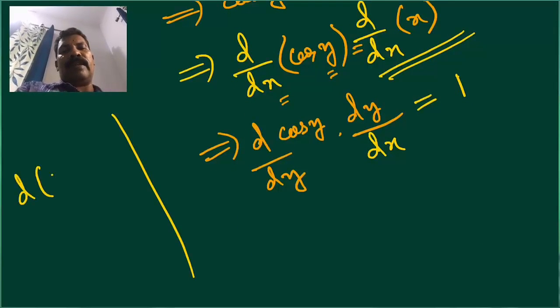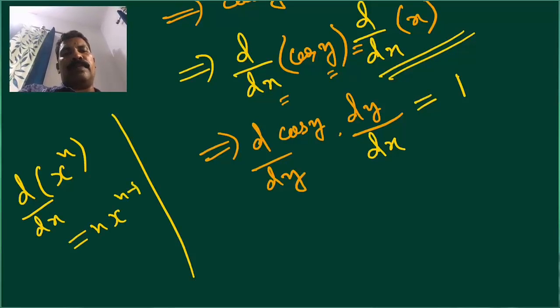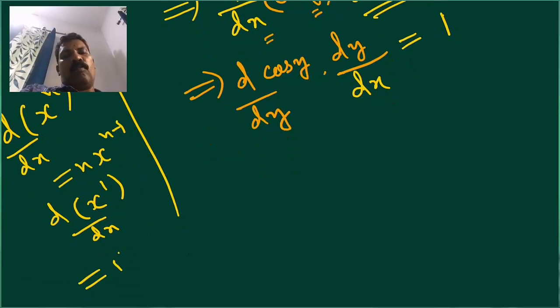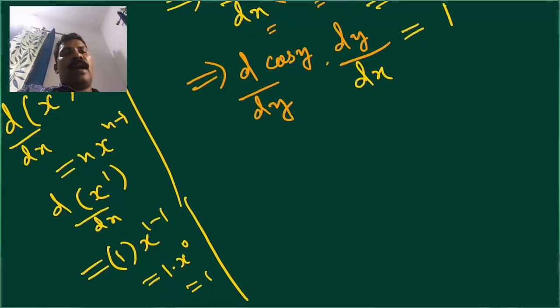That you know by the formula, that is the derivative of x raised to n with respect to x is n into x raised to n minus 1. So here the derivative of x, meaning power 1 only, with respect to x. Then you can write that is 1 into x raised to 1 minus 1, that is 1 into x raised to 0, that is equal to 1. This is the way we are writing 1.